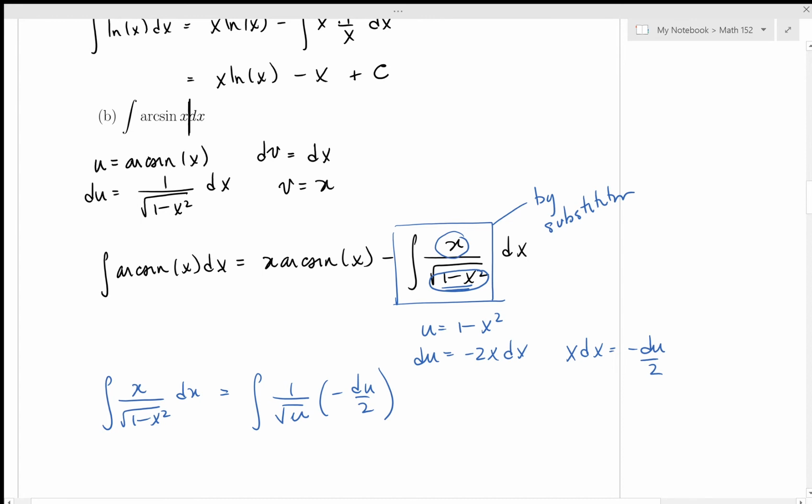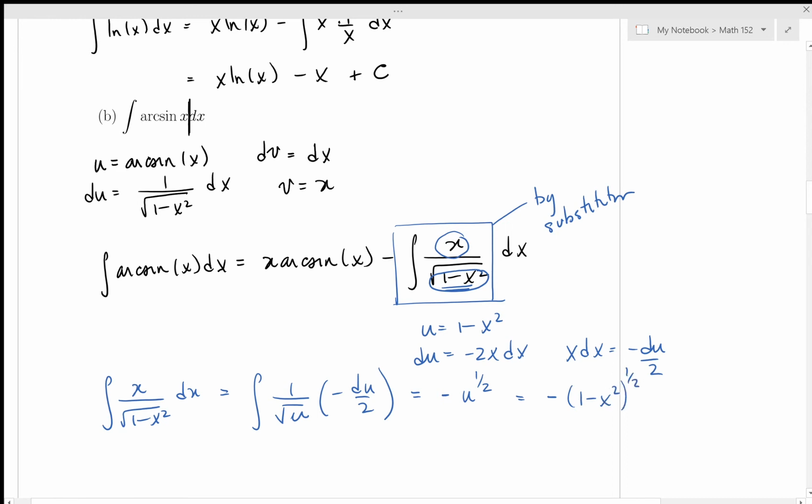And so then I integrate that, and I get minus u to the 1/2. So I'm taking 1/2 and then u to the minus 1/2. And what is u? u is 1 minus x squared.